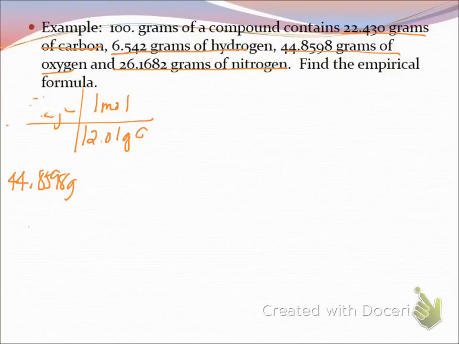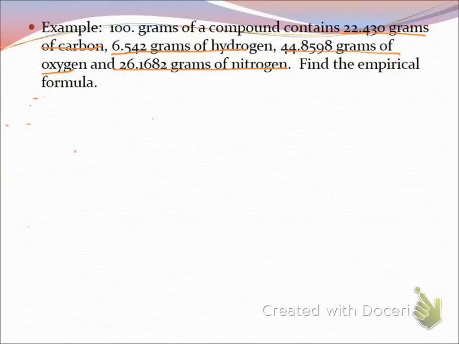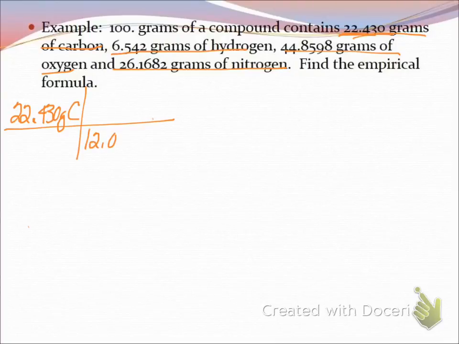Yeah, sorry. I used the wrong thing for hydrogen and carbon. So sorry. Y'all gotta keep me honest up here. I forgot this right here. My bad. 22.430 grams of carbon. I'm so sorry. 12.01 grams of carbon, 1 mole. Now, I started with the wrong thing. I apologize.